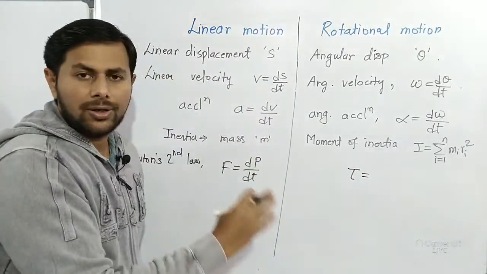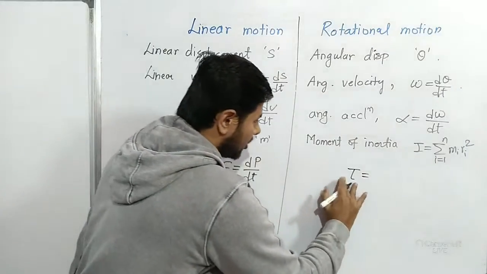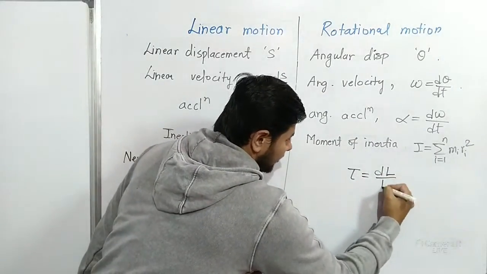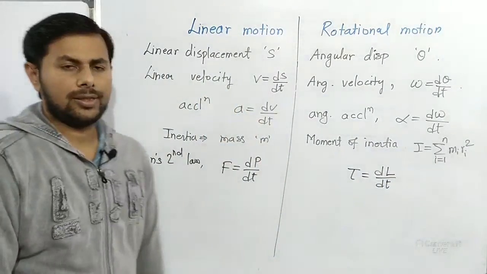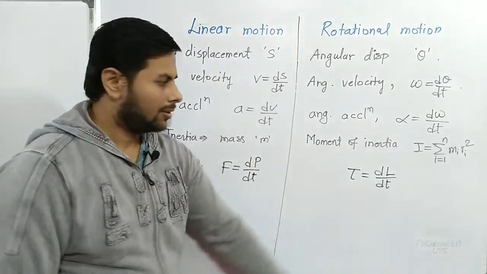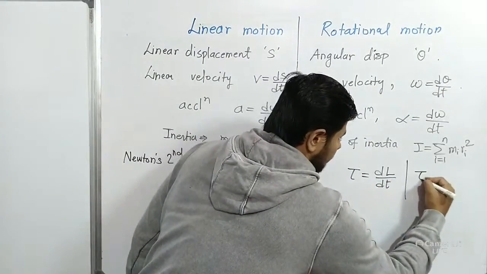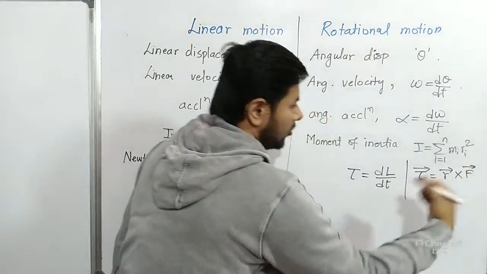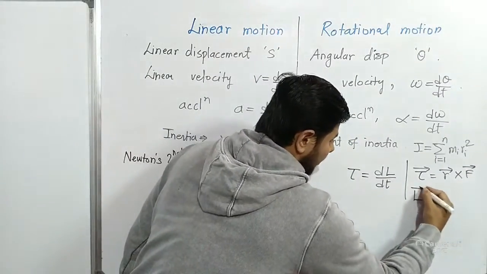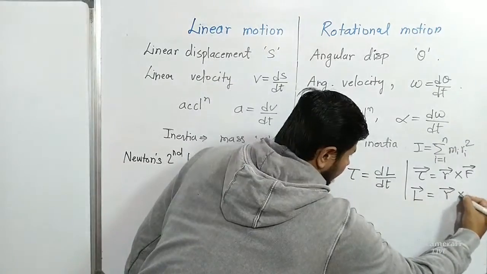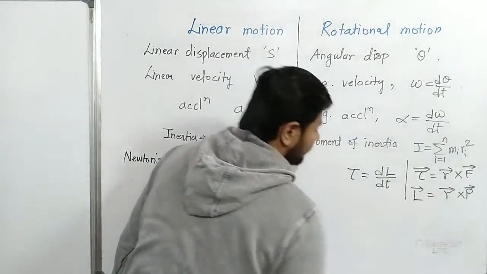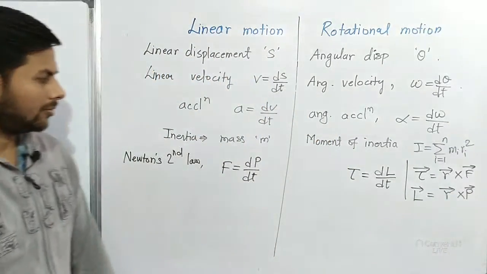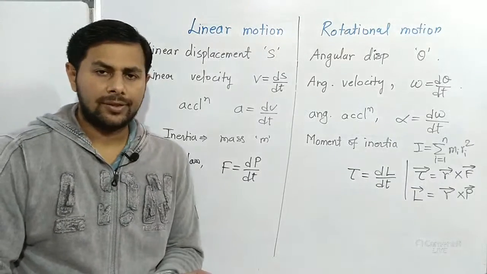So Newton's second law in rotational motion becomes tau equals dL by dt. And what is tau and L? Torque is r bar cross F bar, moment of force, and L bar is r bar cross p bar, moment of linear momentum.